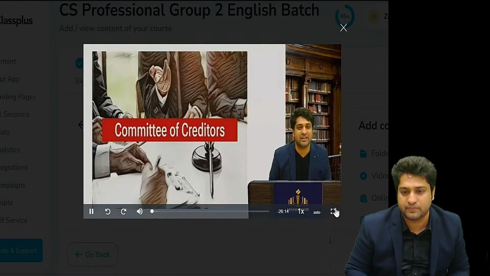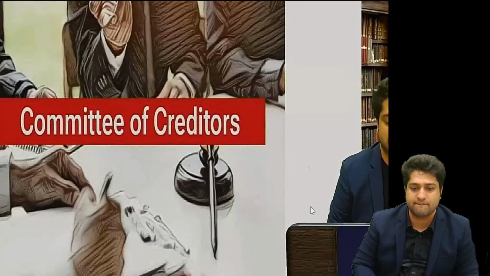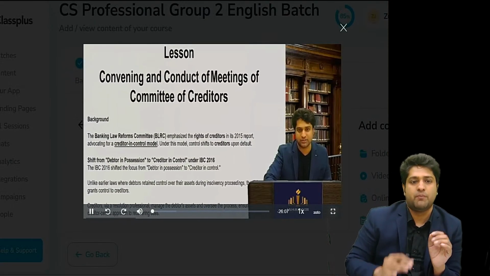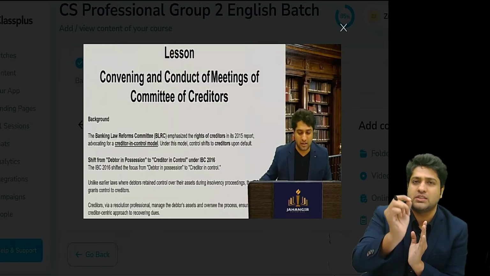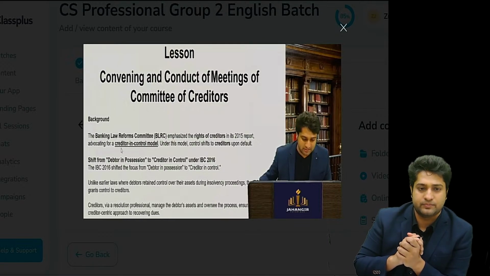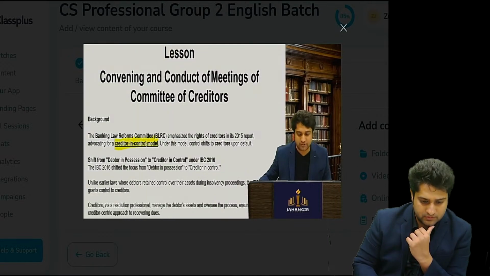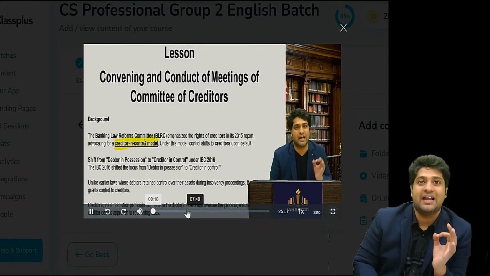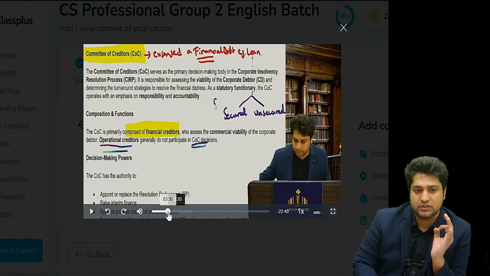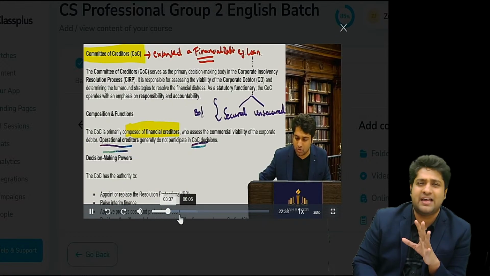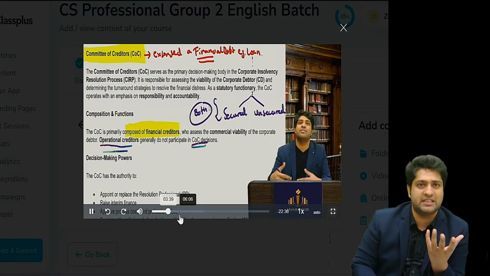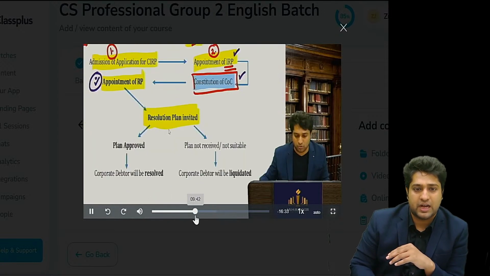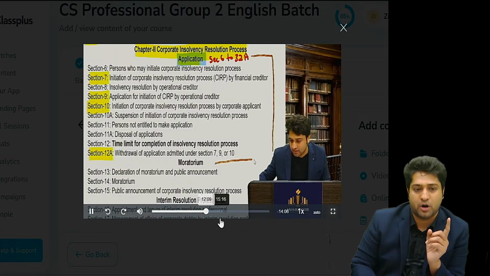We'll be starting with the committee of creditors given in your IBC Code 2016. Professionally recorded, not a single minute wasted. The IBC Code is in very simple English, so even if a student has weak English, they will develop and get their English stronger. I have explained with proper graphs also, proper section-wise.